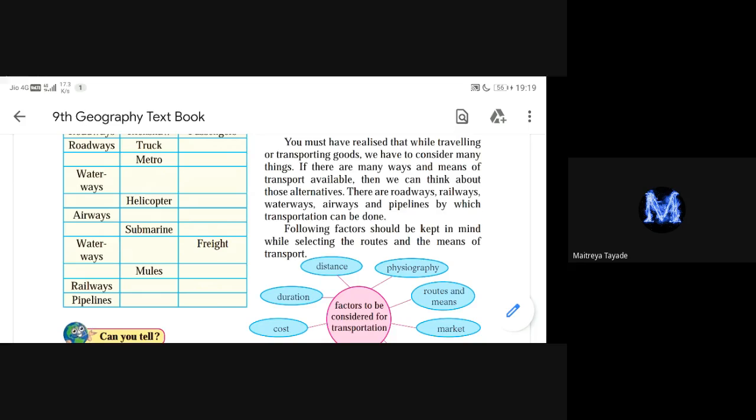We can choose between aeroplanes, waterways or roadways. And here are some major ways by which we can transport: roadways, railways, waterways, airways, and pipelines. The following factors should be kept in mind while selecting the routes and the means of transport.